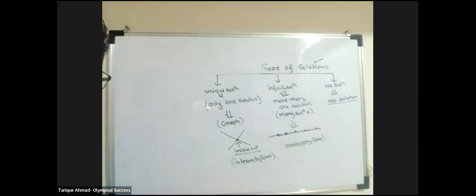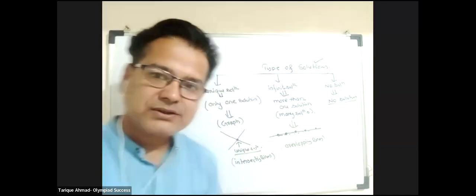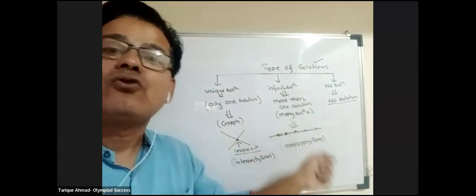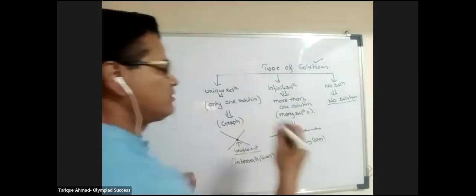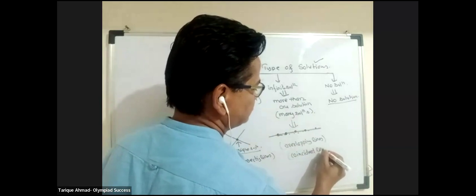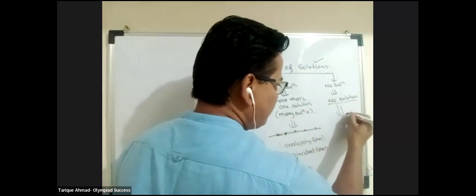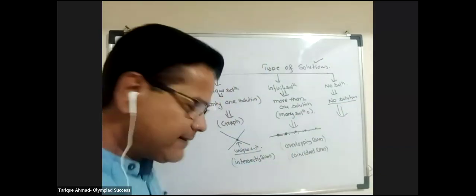When we draw the graph of those equations, and if it has infinite solution, both will coincide, or we can say coincident lines. And what will be the graph for no solution? Any guess?